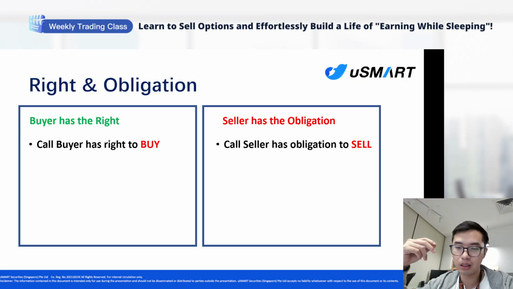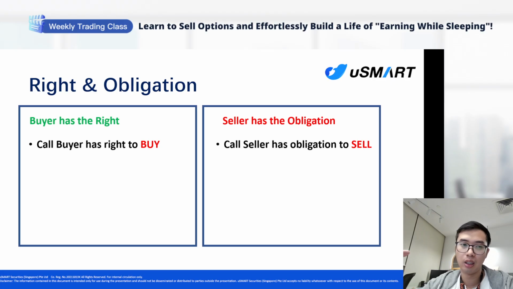You can see it as the call seller having the stock on hand, right? The house is a stock. Then when it hits the strike price, the seller has the obligation to sell.